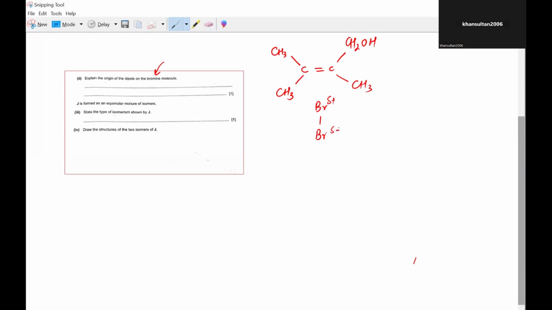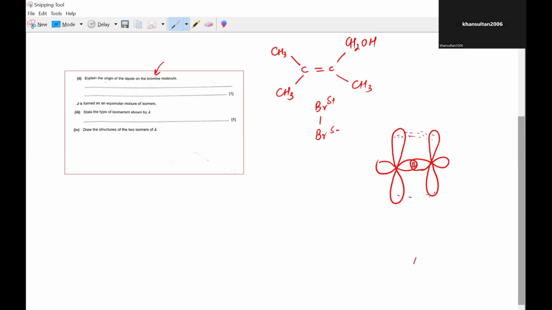Why? As I have told you, the carbon has a structure like this. There is this sharing of electrons at this place, and the other electrons are shared like this. For the pi bond, the electron density is spread like this.